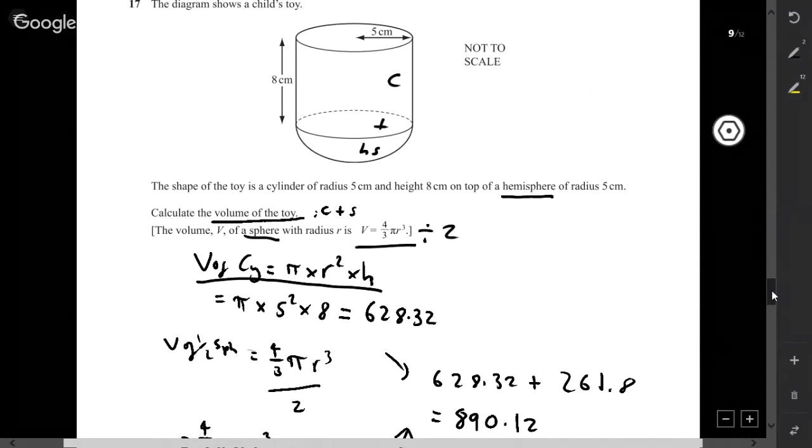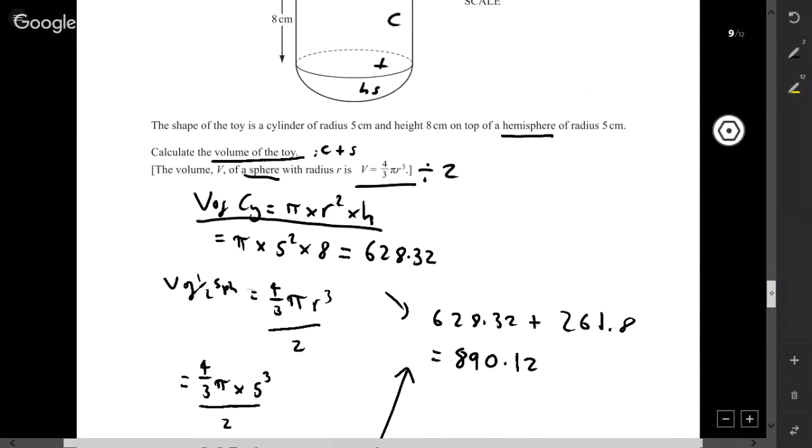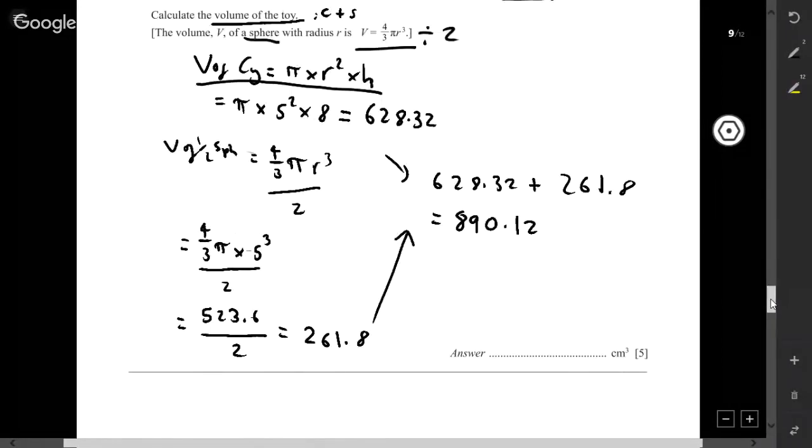Our radius is also 5, so we've got 4 over 3 pi times 5 cubed. As I said at the beginning, we're dividing by 2 because this is a hemisphere, not a sphere. So the hemisphere is 261.8. All we need to do now is add them together, and we get 890.21, which we're just going to keep as 890.